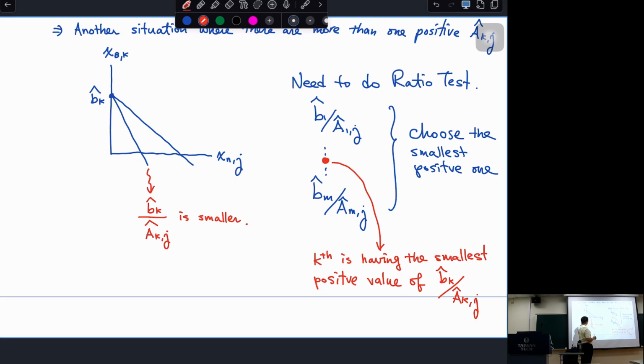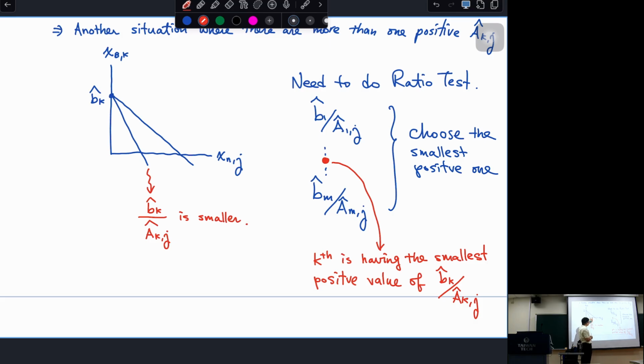When you increase the value of the jth non-basic from 0, when you increase up to here, this corresponding variable is already dropping from this value to 0. So that particular basic is already 0.